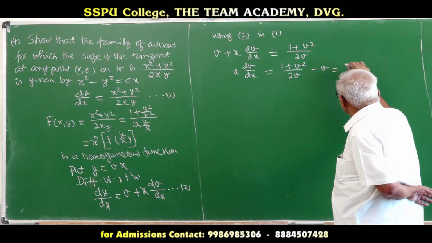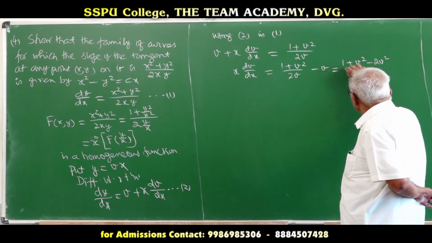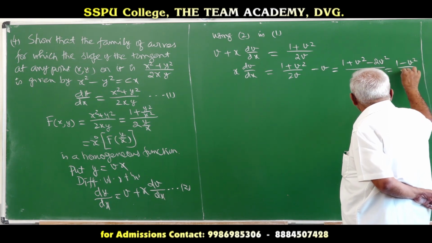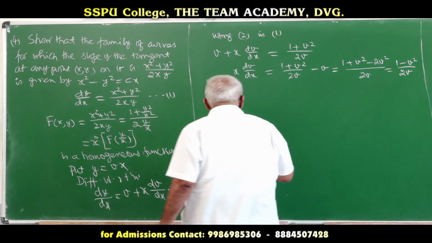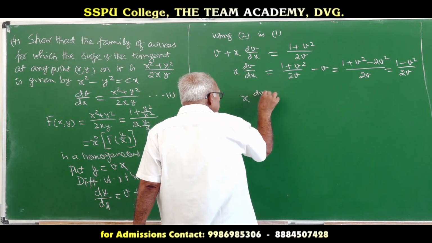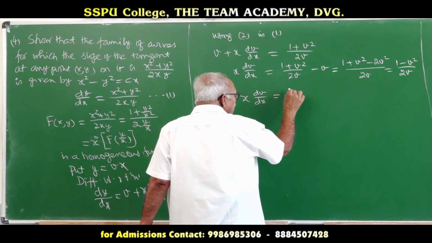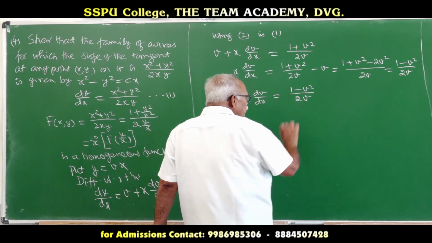This is equal to (1 plus v square minus 2v square) by 2v, or (1 minus v square) by 2v. Now, the equation becomes x into dv by dx is equal to (1 minus v square) by 2v.